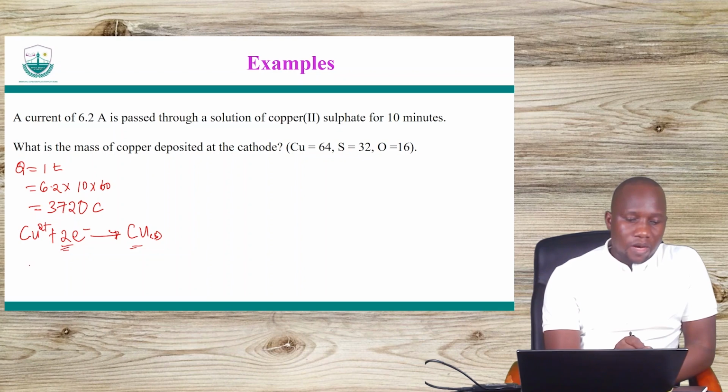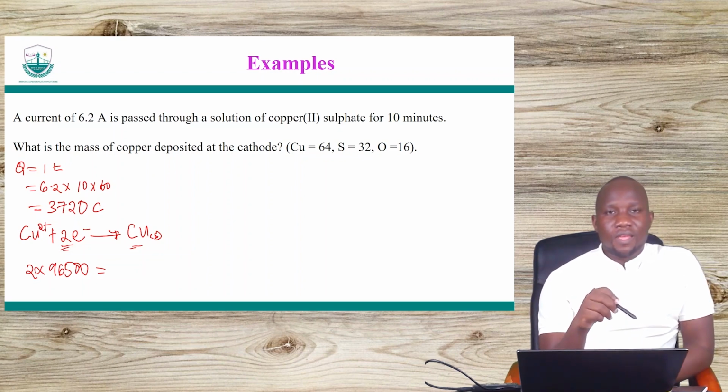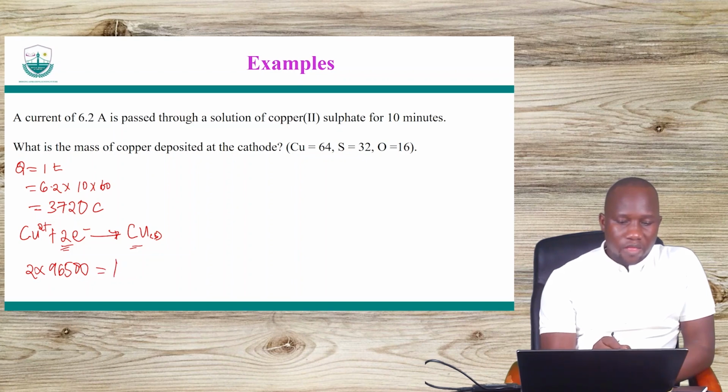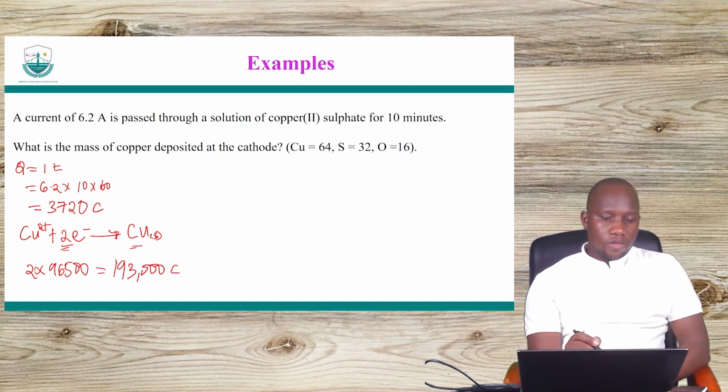So you are having 2 times 96,500, giving you the quantity of charge on the electrons of copper. We already know this figure.